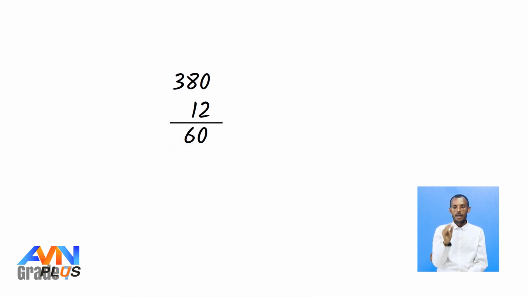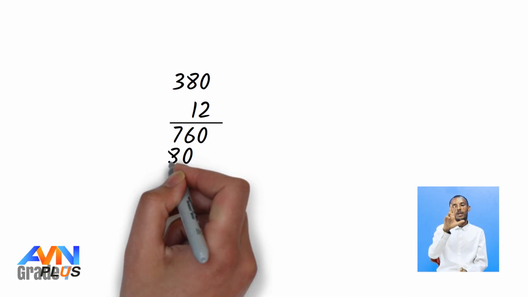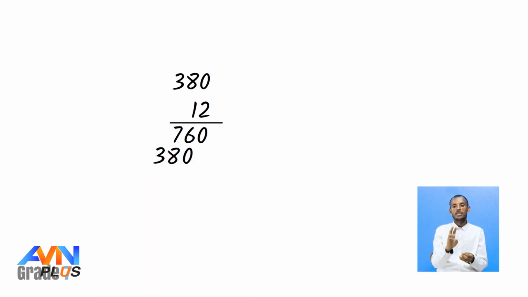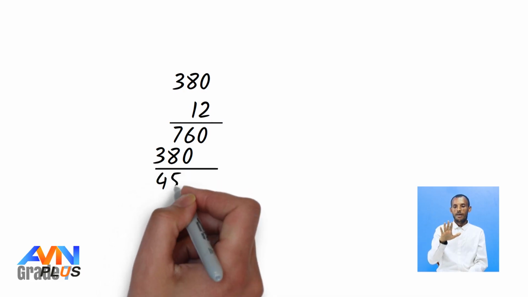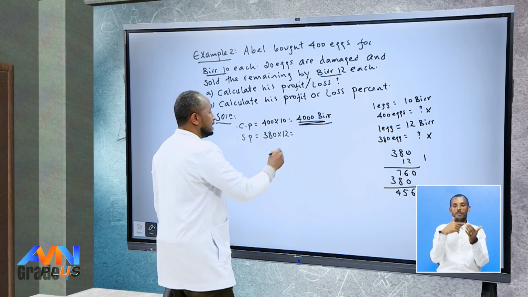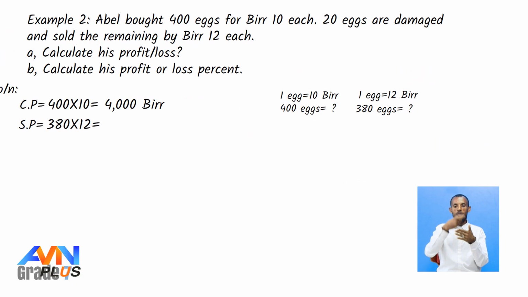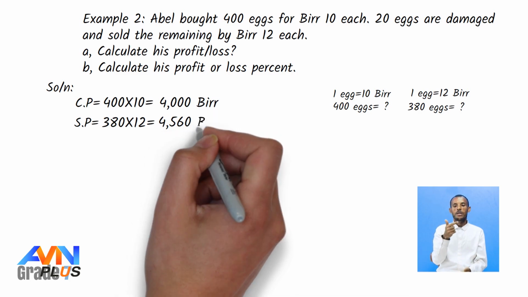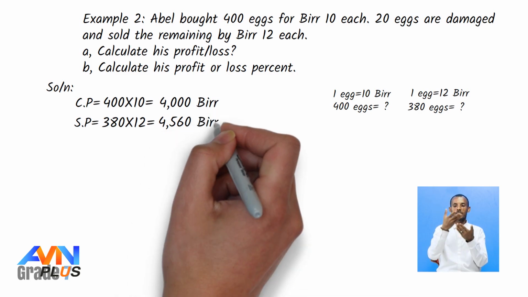And 1 times 0 is 0, 1 times 8 is 8, 1 times 3 is 3. Add these: 0, 6, 7 plus 8 is 15, 1 plus 3 is 4. Therefore, the selling price is 4,560 birr.